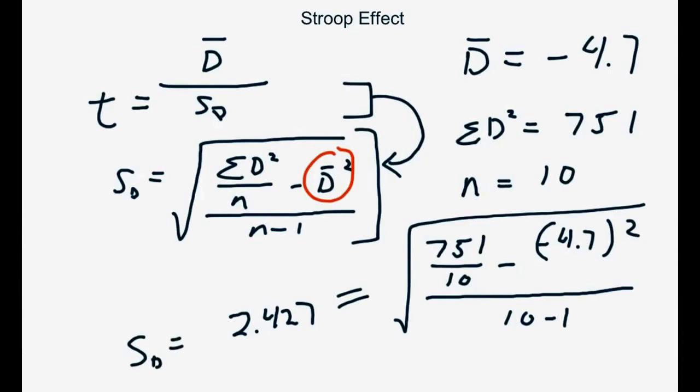So let me clean up this screen a little bit here. Okay, once again, our t formula is the mean difference divided by the standard error of that difference.